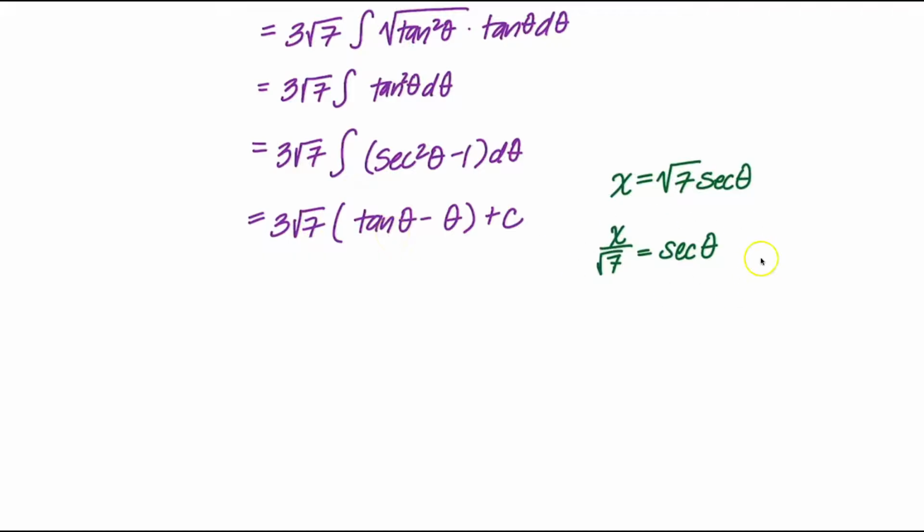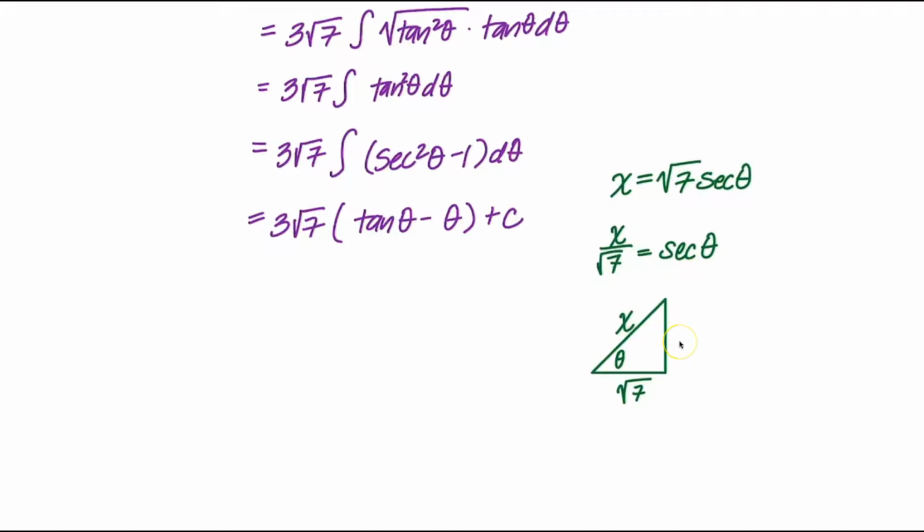So we're going to construct another triangle and figure out what that relationship is going to end up. So if we construct our triangle here, a right triangle, secant of theta is x over rad 7. So secant is the reciprocal of cosine. Cosine is adjacent over hypotenuse. So this is hypotenuse over adjacent. So this is x, and then rad 7 is the adjacent side.